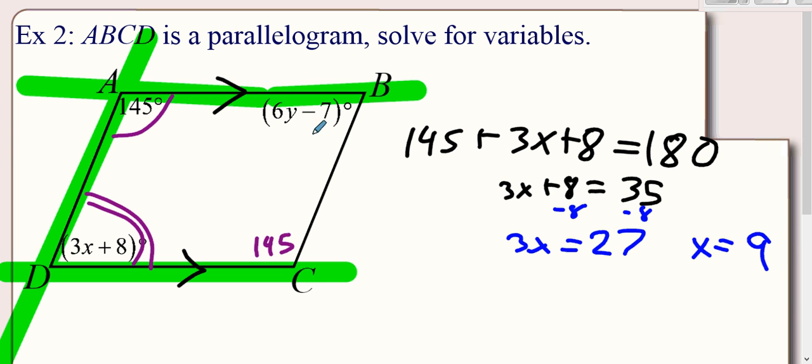You can do the exact same thing, solve for y over here because the consecutive angles are going to add to be 180. 6y minus 7 plus 145 equals 180.